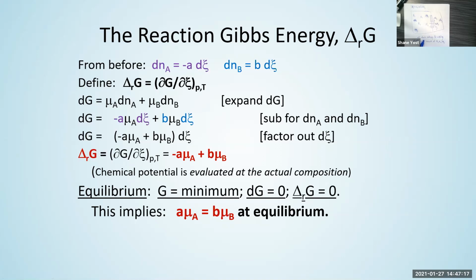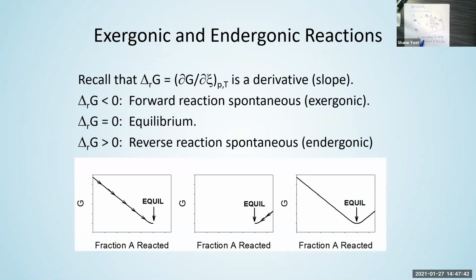But again, as I was talking about on Monday, the chemical potential is telling us when equilibrium is established. Equilibrium is established when these chemical potentials are equal to each other, with a factor of the stoichiometric coefficients thrown in there.